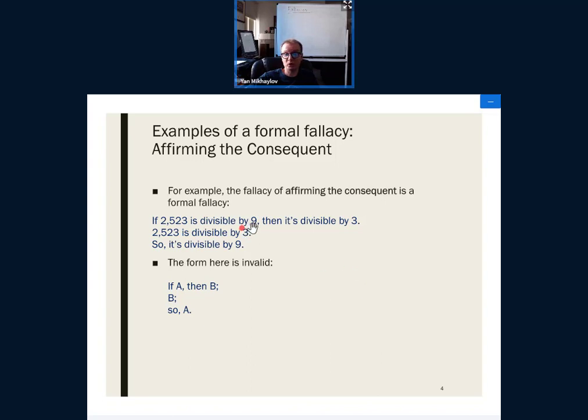Any number which is divisible by 9 is divisible by 3. Now the fact that the number is divisible by 3 doesn't mean that it is divisible by 9. Here is a simple example: 30, right? You can immediately see 30 is divisible by 3. You'll get 10. Is it divisible by 9? No, it's not. So while it works this way, it doesn't work the other way.